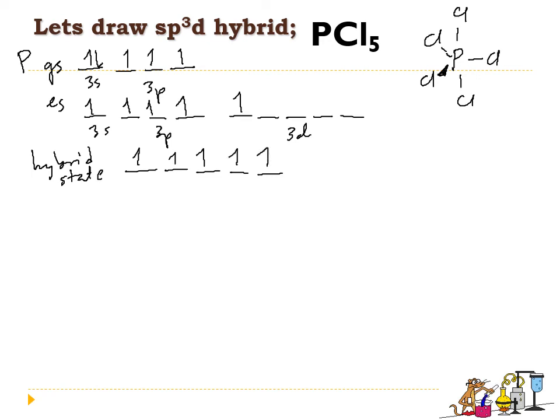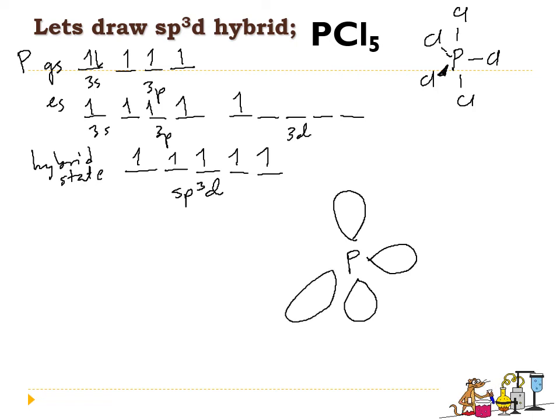All these 5 are sp3d orbitals. Therefore, we draw P having 1, 2, 3, 4, 5 sp3d orbitals. It's too big to label each of the 5 orbitals now.